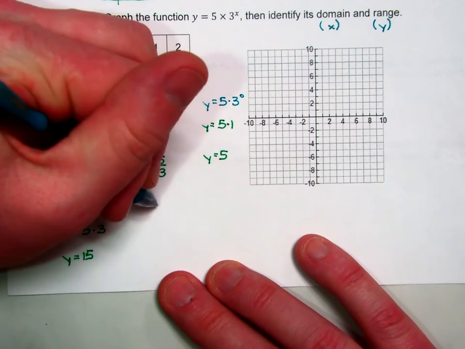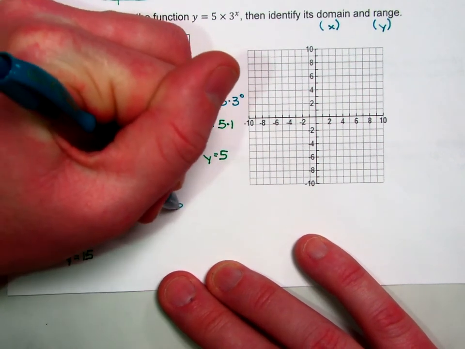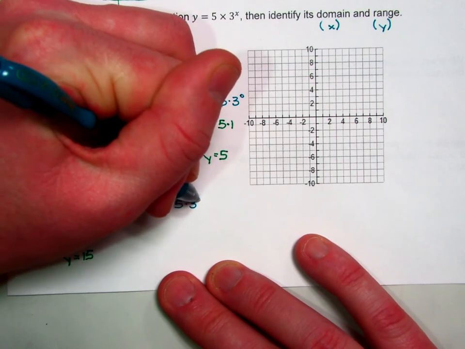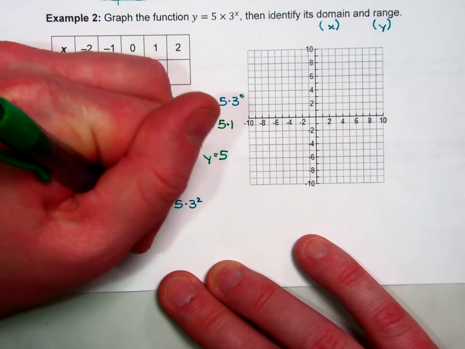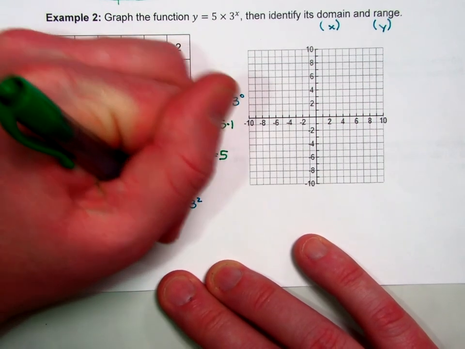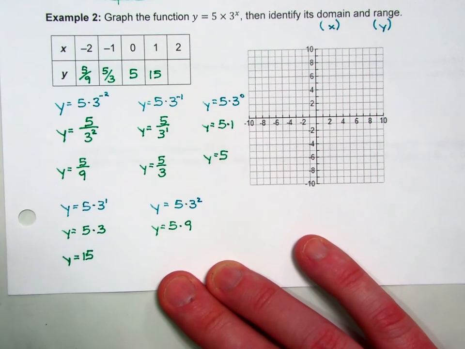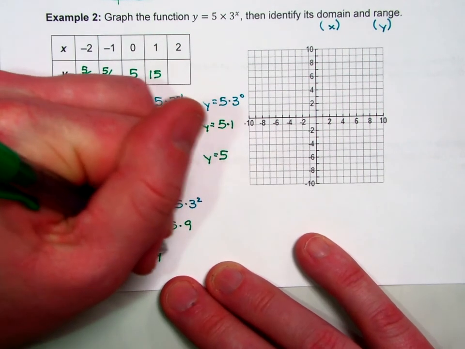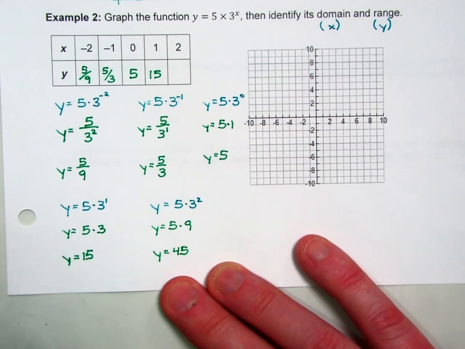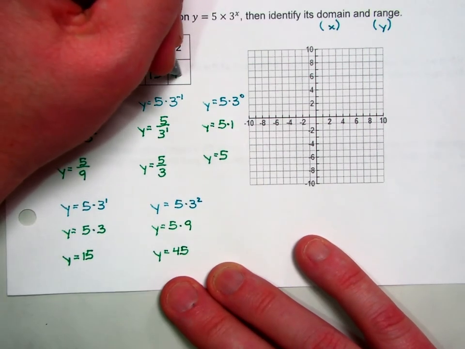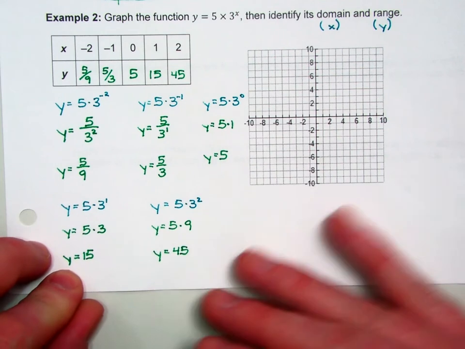Okay? And then our last one, y is equal to 5 times 3 to the second power. We're going to evaluate using order of operations, so we're going to square first. So y equals 5 times 3 squared, which is 9. And now we have y is equal to 45. This is the last value that's in my table.